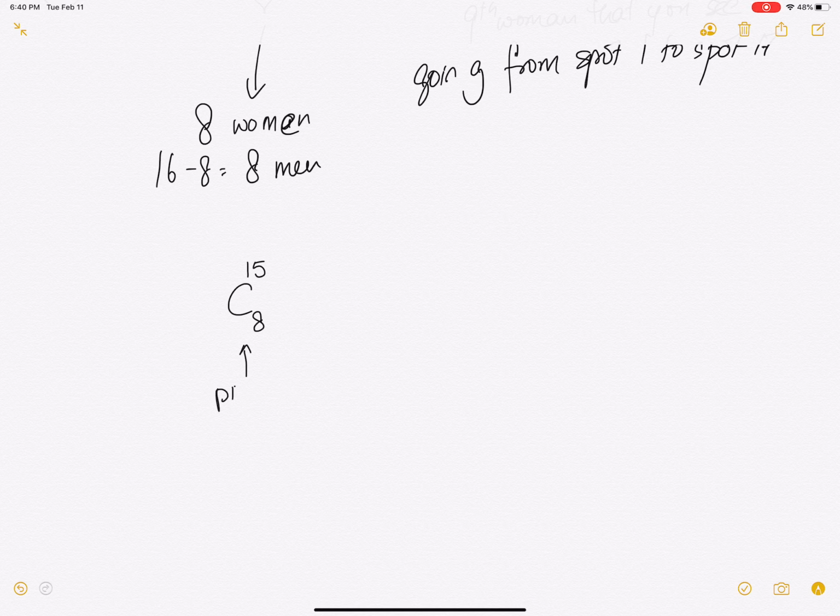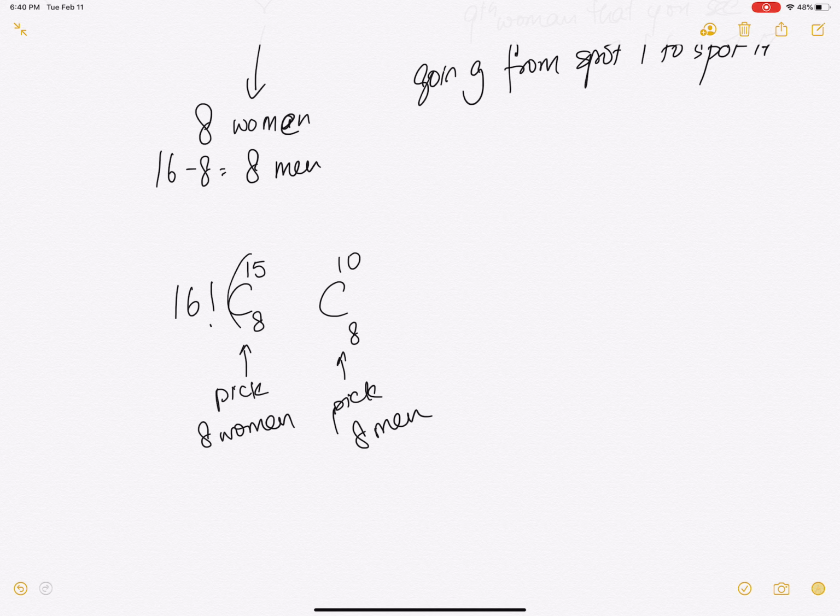And I also want to pick 8 men. Now I have a collection of 8 women and 8 men standing around. I need to arrange them in the 16 spots. How many ways can you do that? That will be 16 factorial. So 16 factorial is the number of ways I can arrange these 8 women and 8 men in the 16 spots. Order matters.